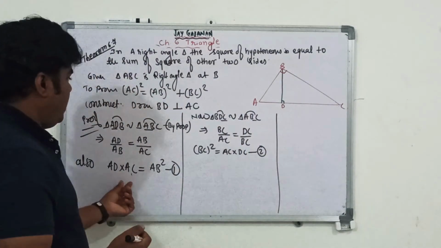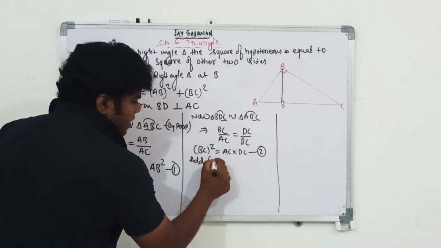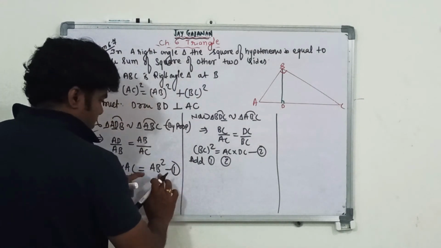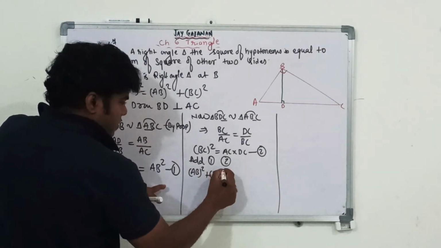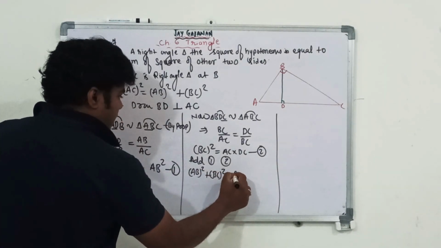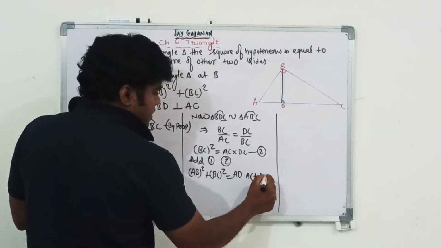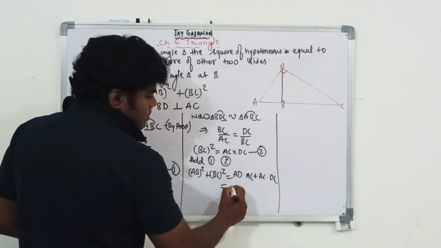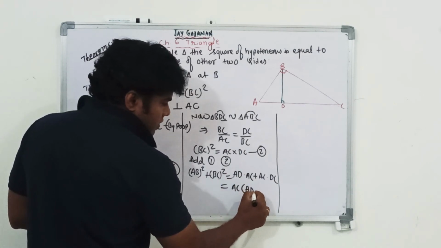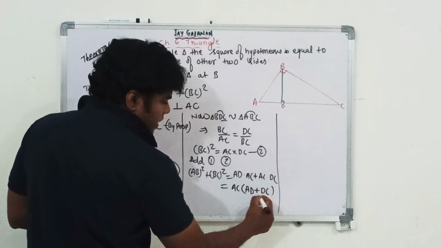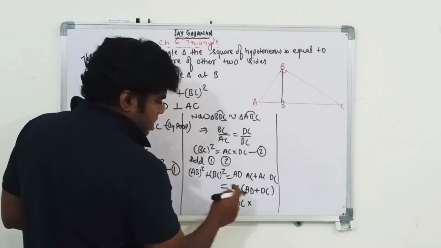Correct? So from 1 and 2, we can add 1 and 2. If we add 1 and 2, what do we get here? AB square plus BC square is equal to AD into AC plus AC into DC. Since AC is in both places, I can take AC common, then AD plus DC, which equals AC into AD plus DC.